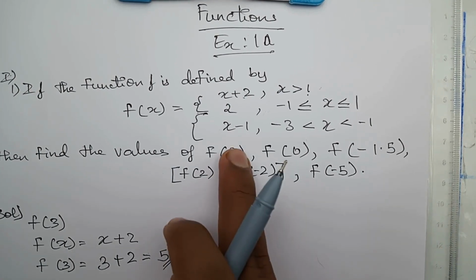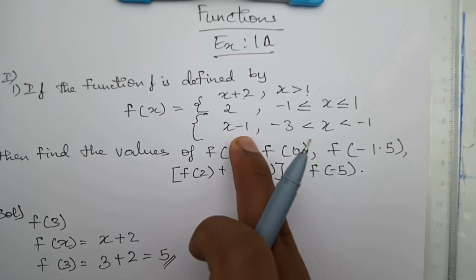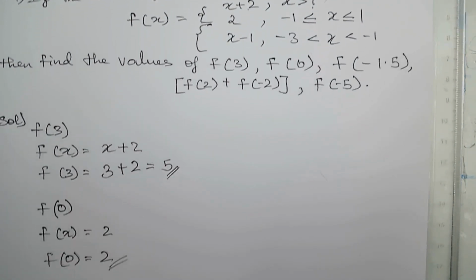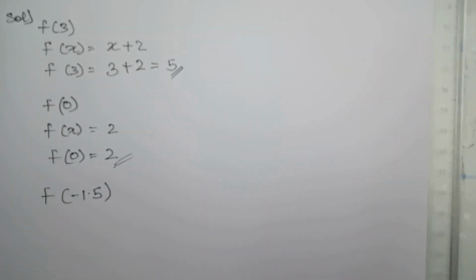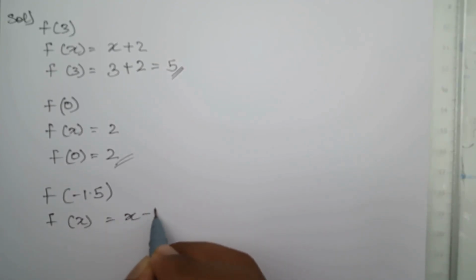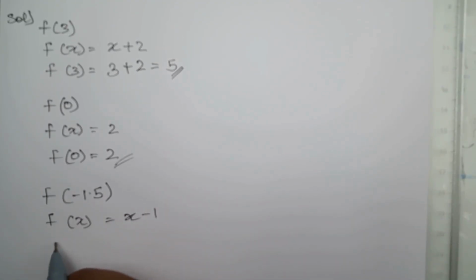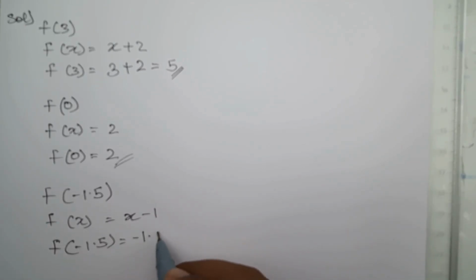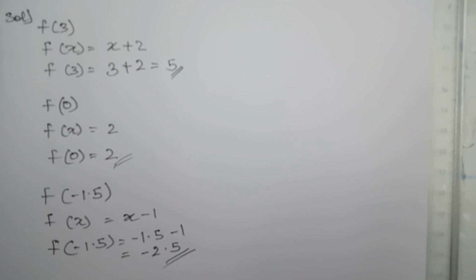So we can take f of x is equal to x minus 1. So f of minus 1.5 is equal to minus 1.5 minus 1, that is minus 2.5. This is the answer for this third one.